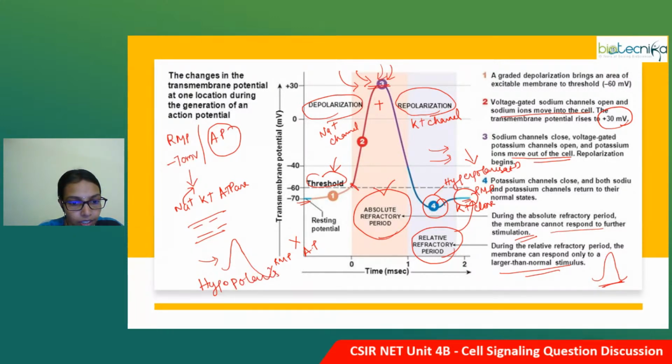One more term is also there, you might have heard: hypopolarization. Do you know what it is? Hyper means, as I told you, going beyond minus 70 mV. What is hypopolarization?